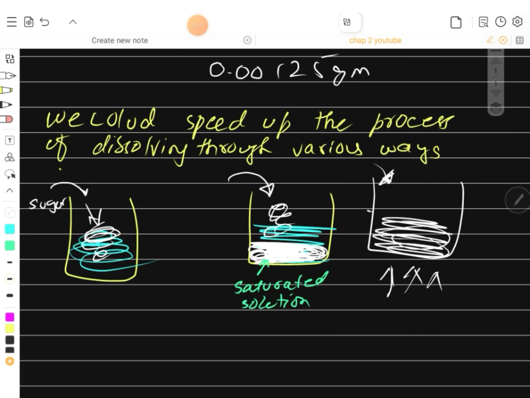If you want to remove this sugar from the water and get it dissolved, you're going to heat it, so it's going to dissolve until the desired temperature is reached.